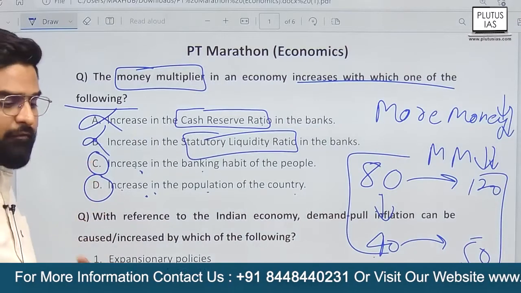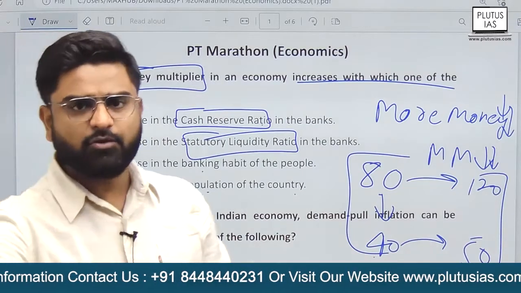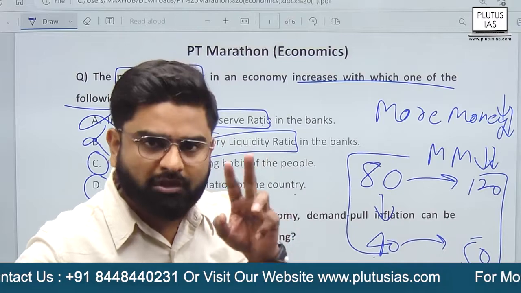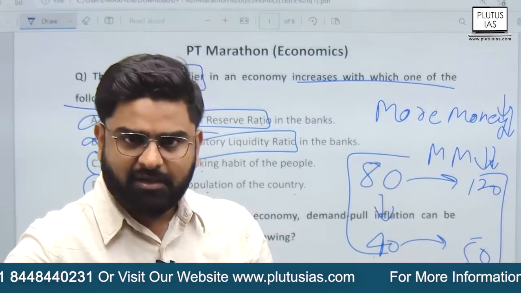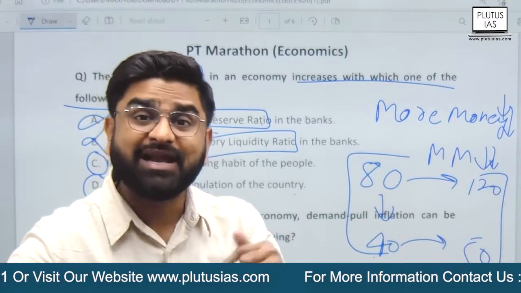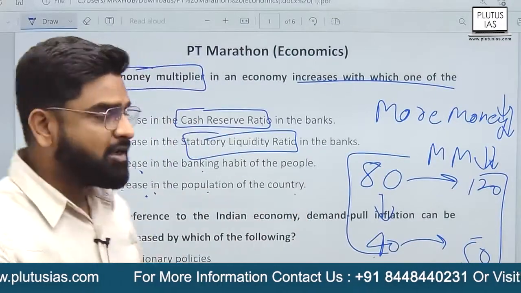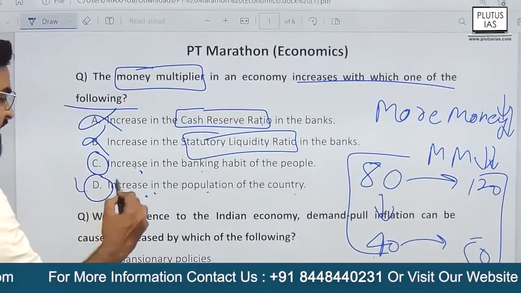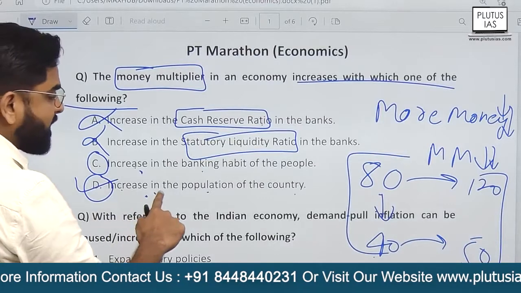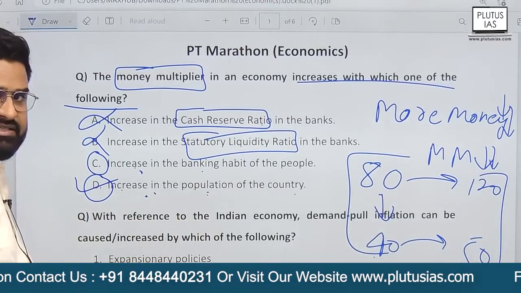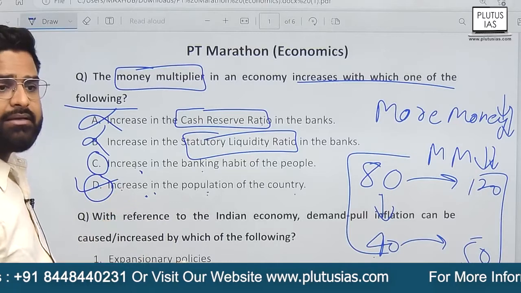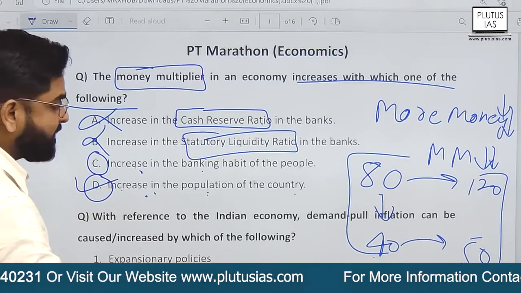When you find a question where UPSC tries to play with you, where there is more than one answer which appears right, in that scenario you have to select the rightest one among all the right answers, which is the more right. So it appears this statement is also right, because with increase in population there are chances that banking may increase, but this is not certain.